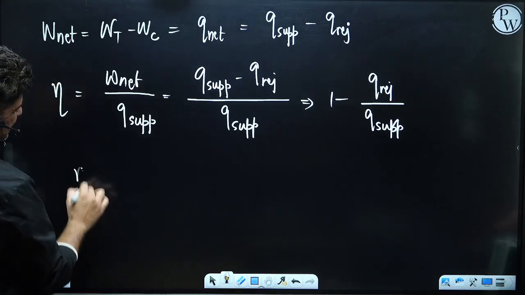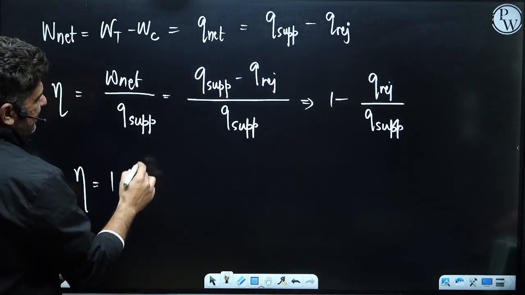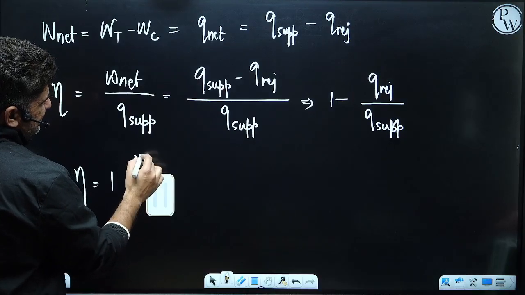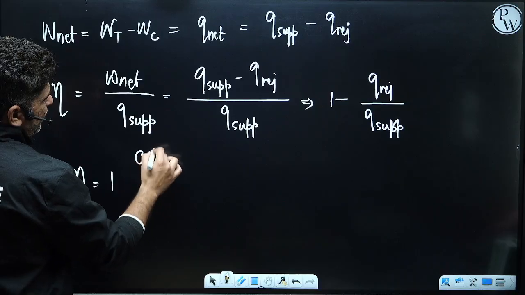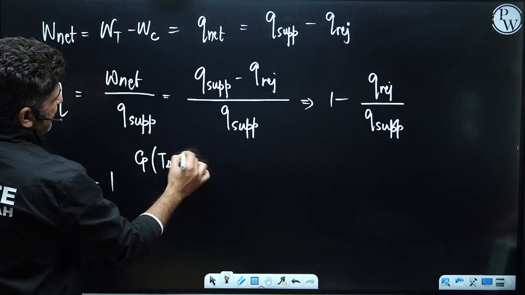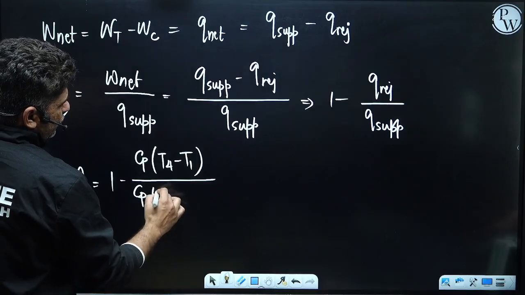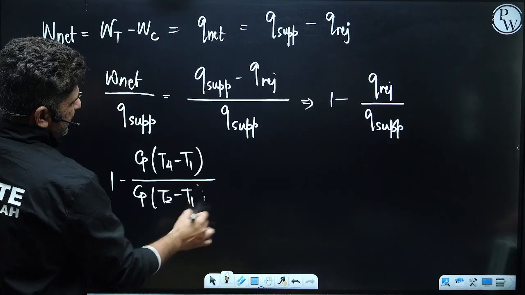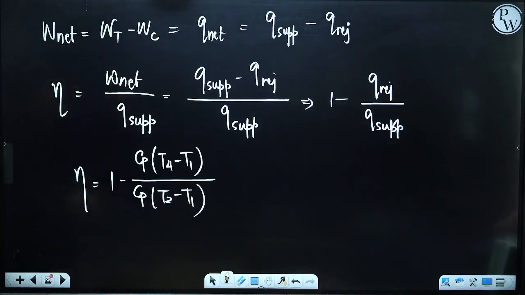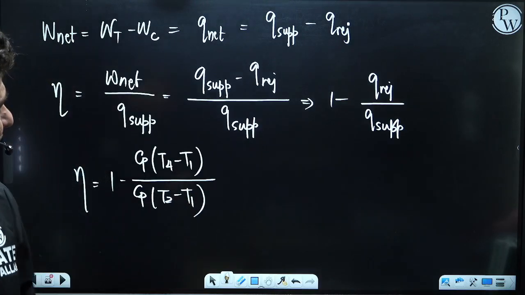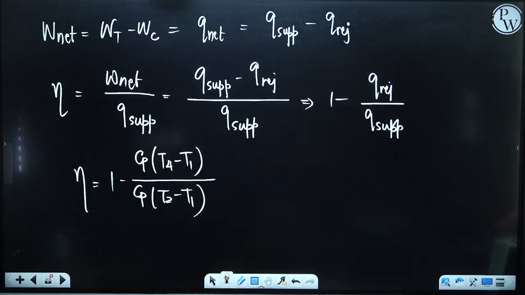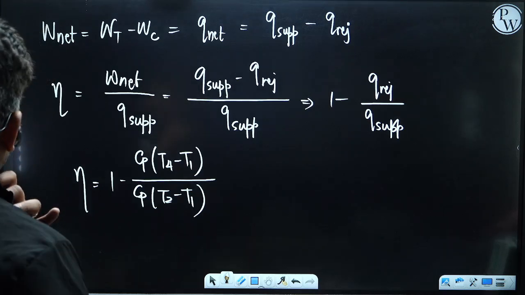So efficiency will be equal to 1 minus, heat rejection is Cp into, if we write it on a per kg basis, T4 minus T1, divided by heat supply, Cp into T2 minus T1. Okay. So it can be written like this: 1 minus Cp into T4 minus T1 divided by Cp into T2 minus T1.